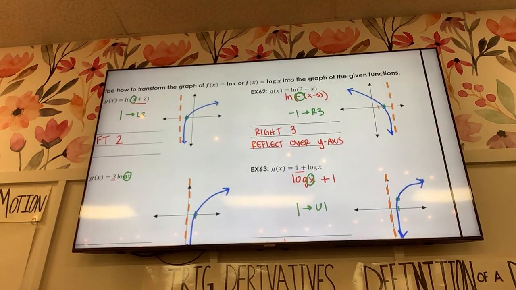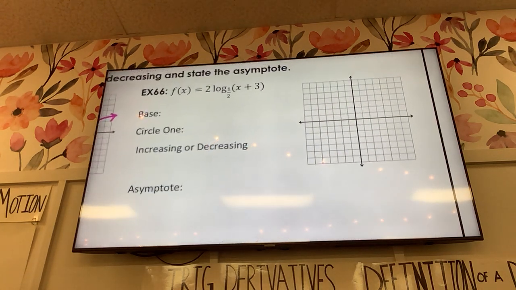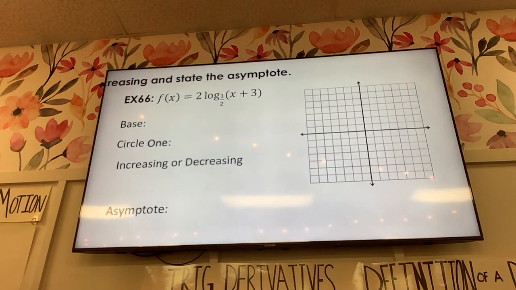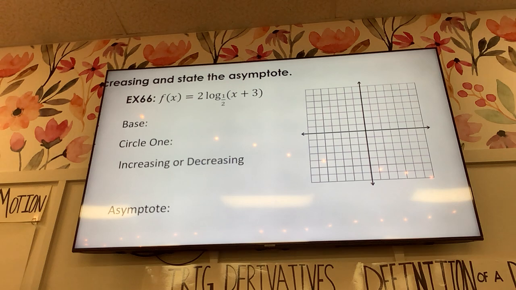All right, go to 66. On 66, where is your asymptote at? Negative 3.